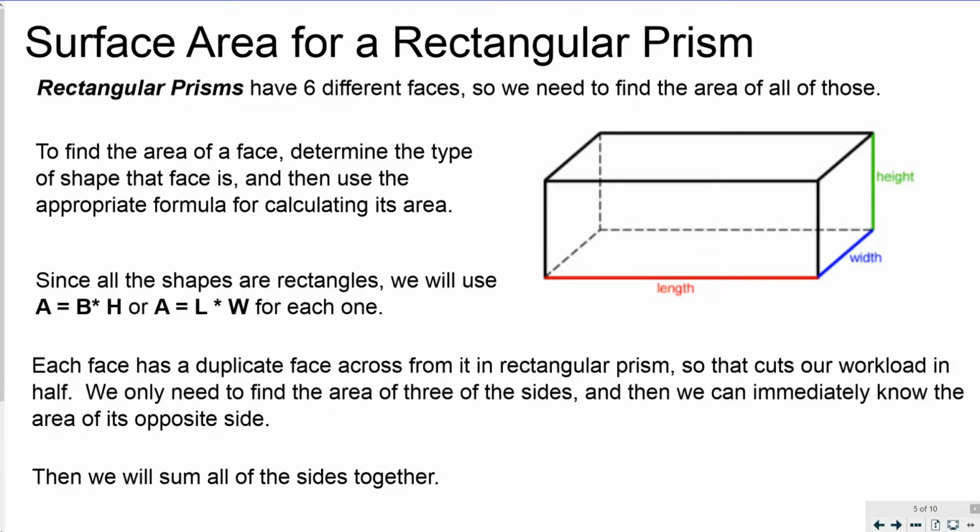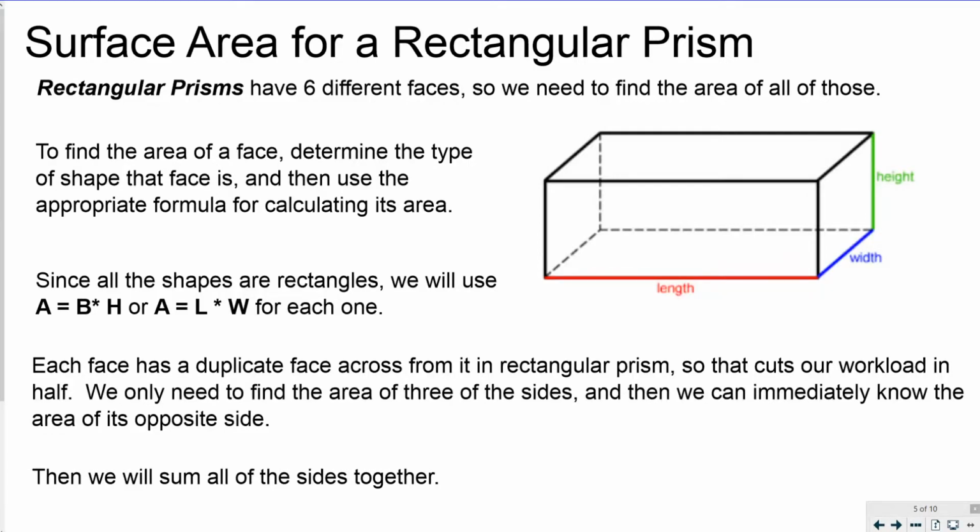Since all the shapes are rectangles, we will use area equals base times height, or area equals length times width for each one. You can also use area equals width times height. In any case, you're basically doing the area of a rectangle, which we know to be base times height.